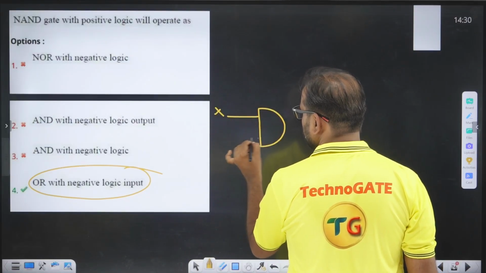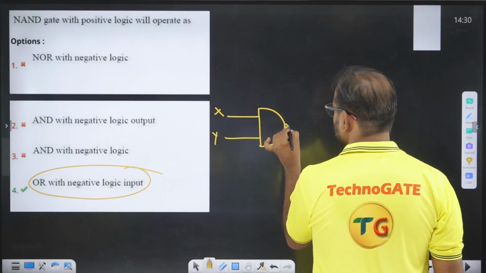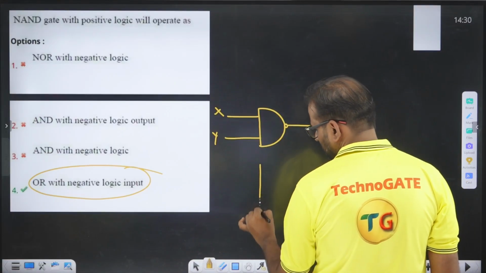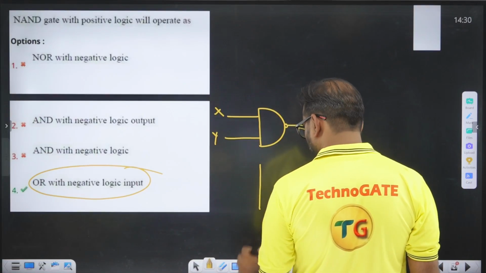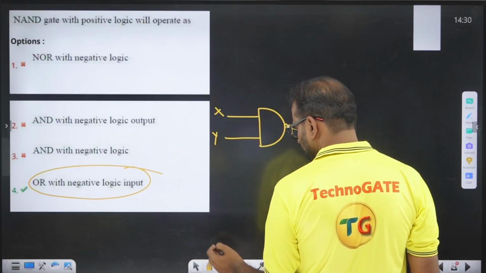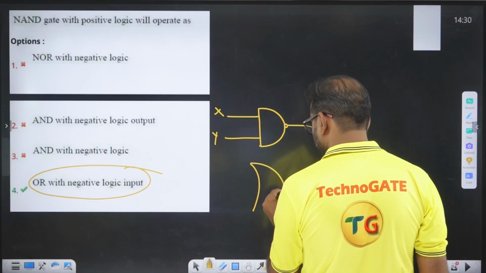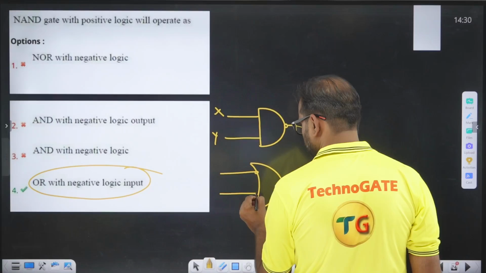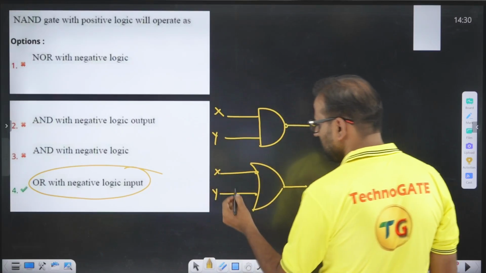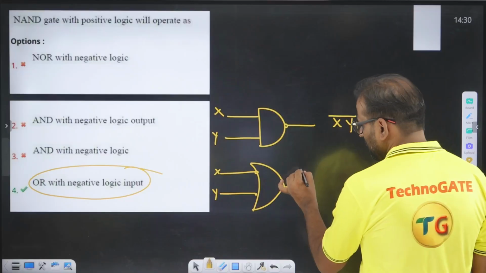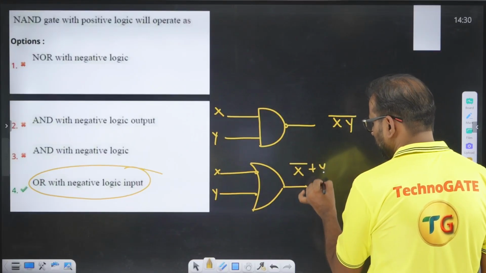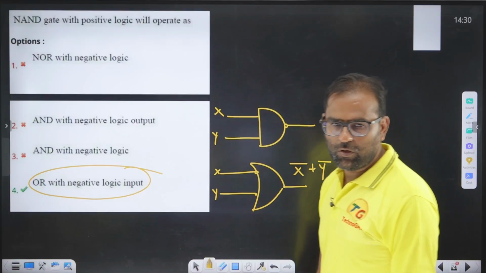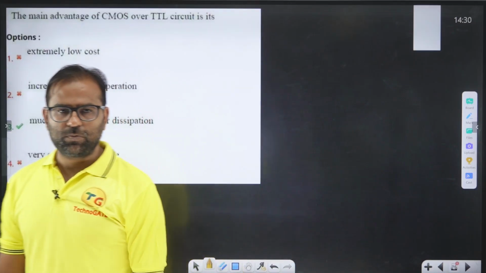If this is X, this is Y, the output is (X dot Y) complement. And the OR gate will look like this, a bubbled OR gate, or you can say negative logic. So this can be X complement plus Y complement, and X complement plus Y complement can be written as (X dot Y) whole complement. So this is the correct option.